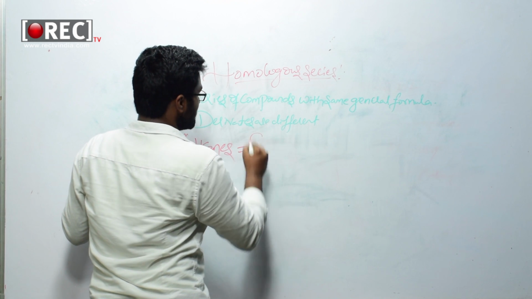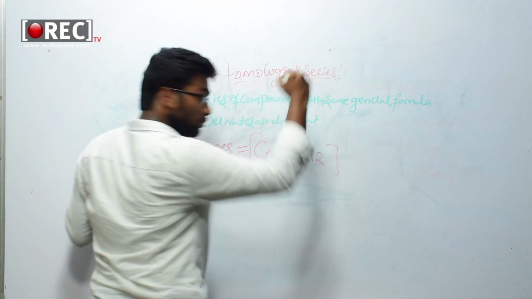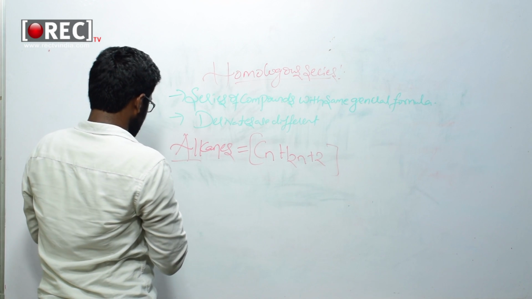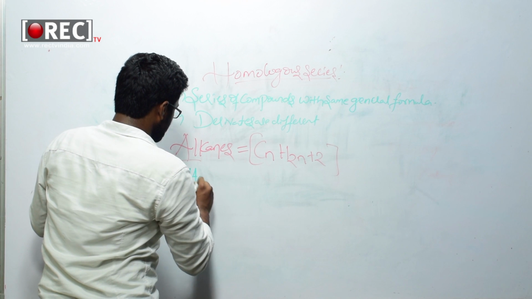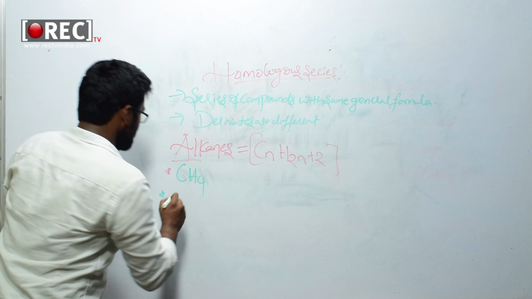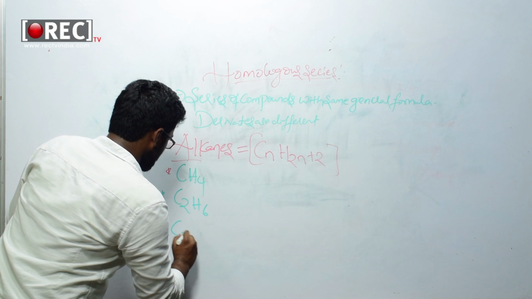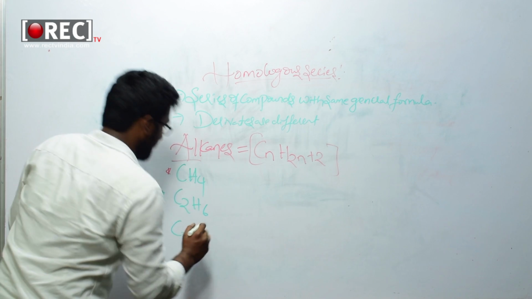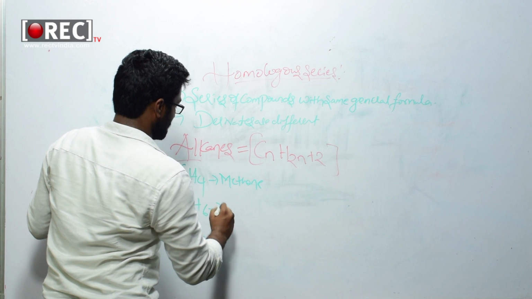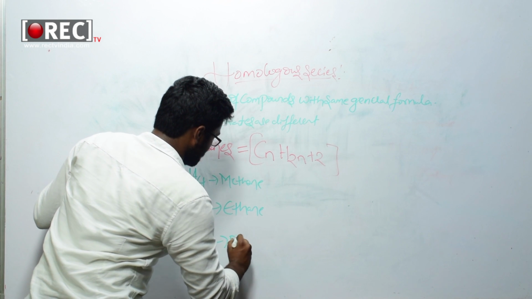The general formula of alkanes is CnH2n+2. The first member of alkanes is CH4, the next member is C2H6, and the third member is C3H8: methane, ethane, propane.